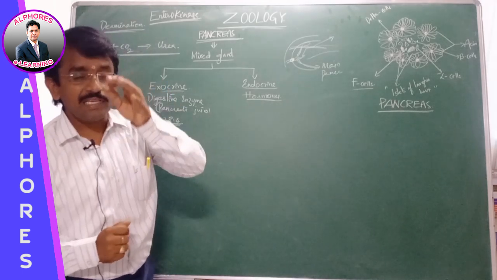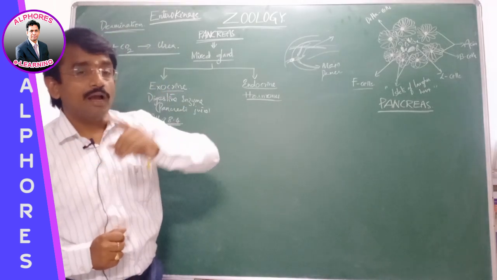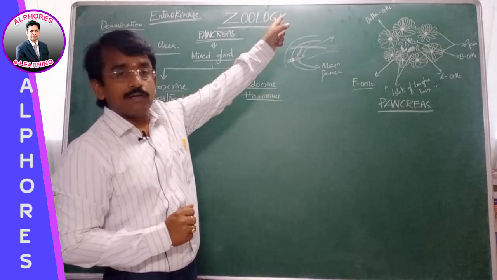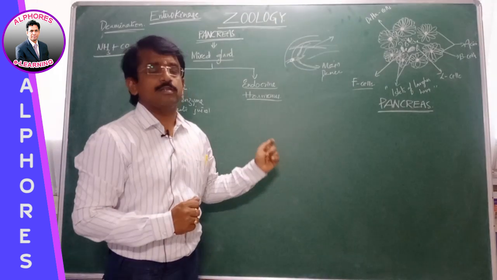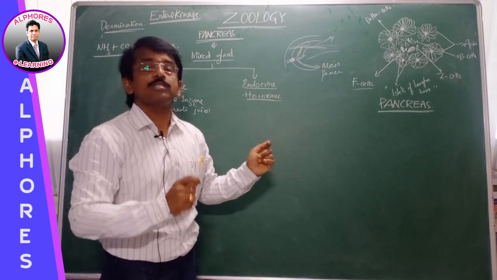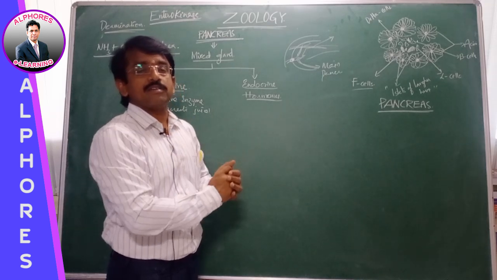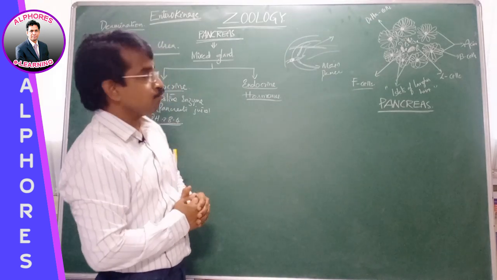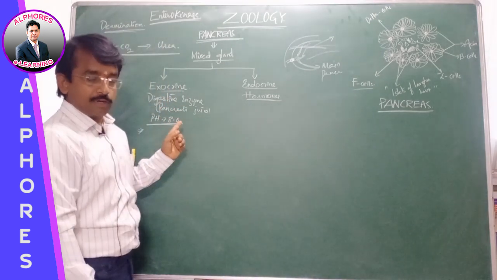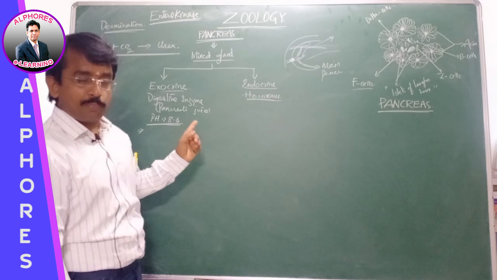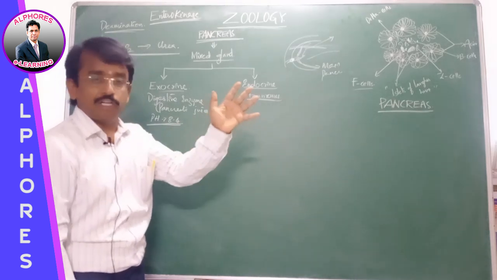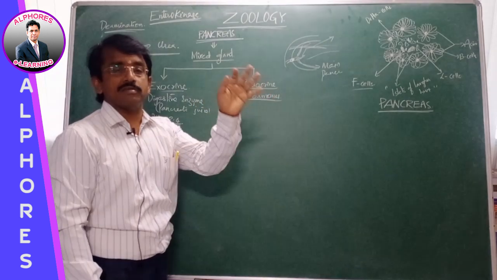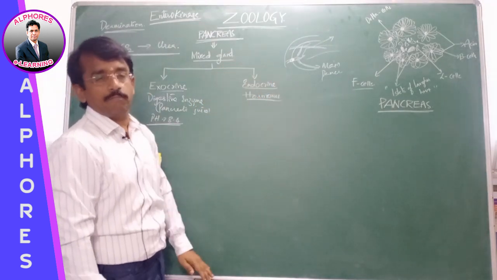The autocatalytic enzyme in the acidic region, that is the stomach, is pepsin, whereas the autocatalytic enzyme in the alkaline intestine is trypsin. So trypsinogen, chymotrypsinogen, and procarboxypeptidase are converted into trypsin, chymotrypsin, and carboxypeptidase respectively.